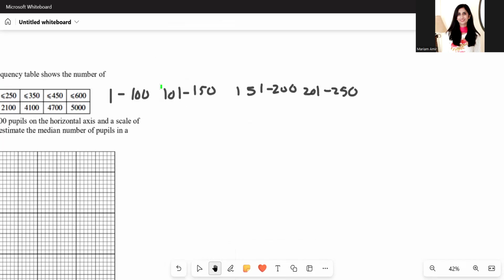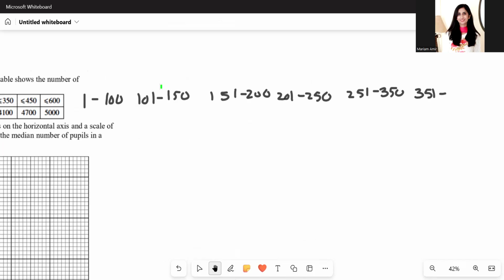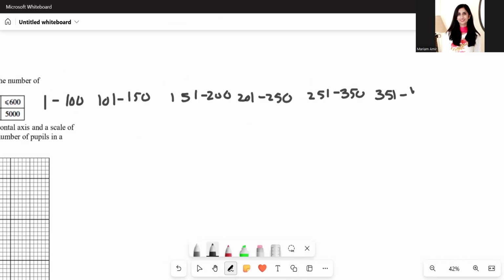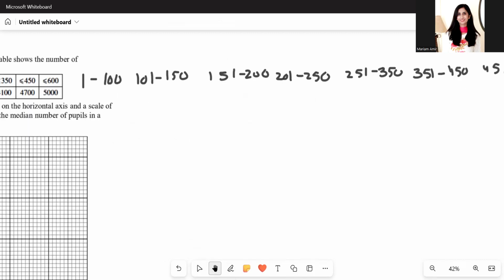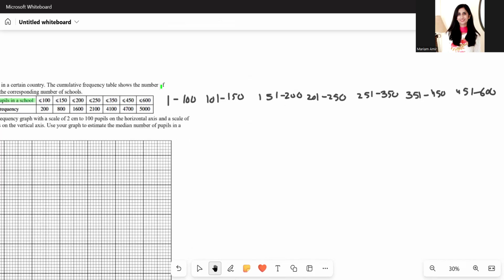251 till 350, then 351 till 450, and then 451 till 600. Okay, so when we'll apply continuity correction, we'll subtract 0.5 from the previous value.